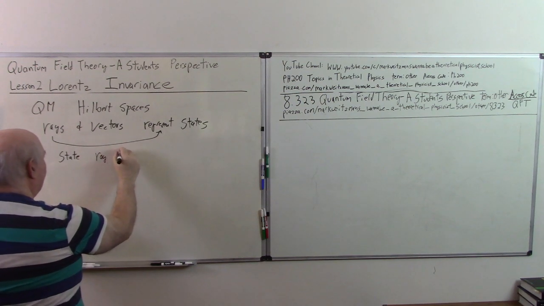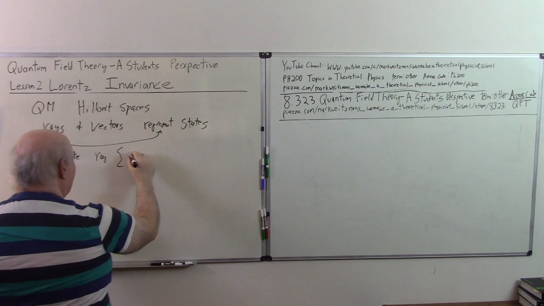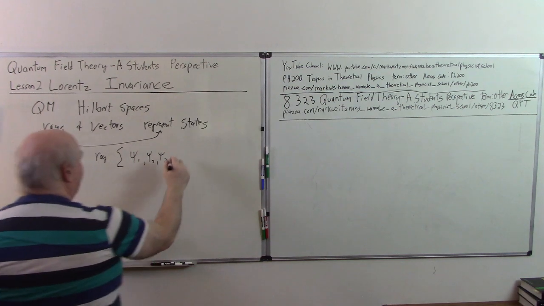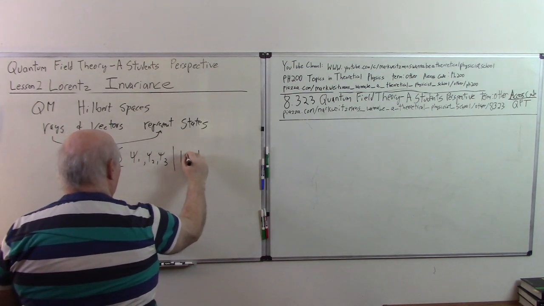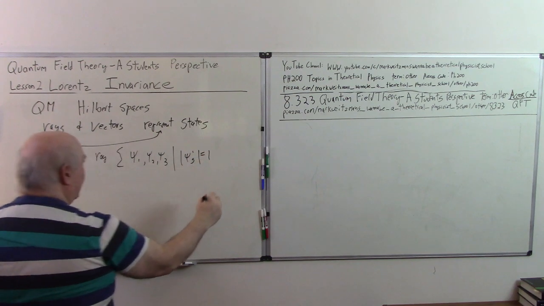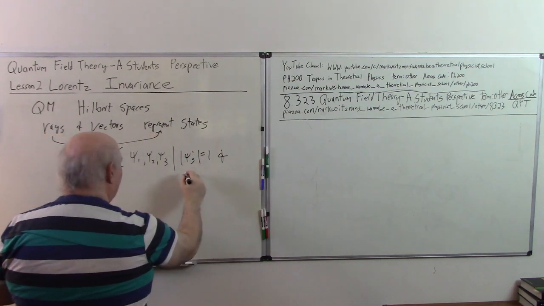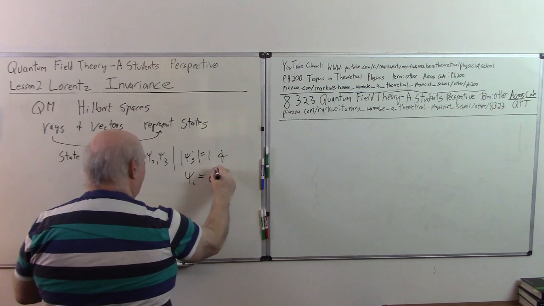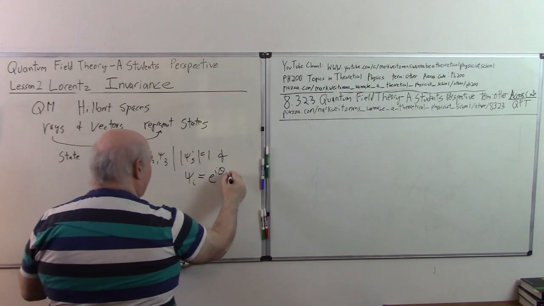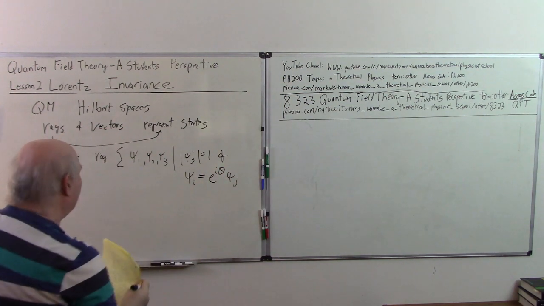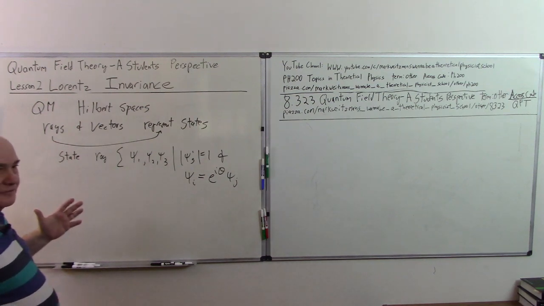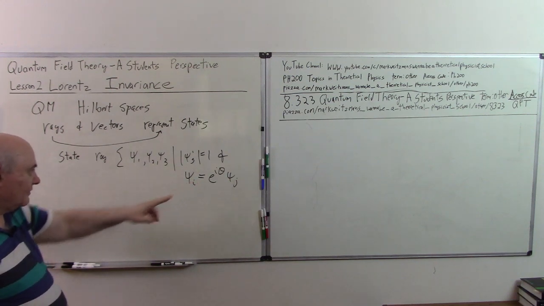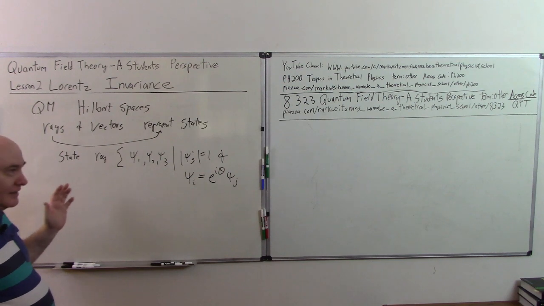sort of consists of the set of all normalized vectors, call them psi 1, psi 2, psi 3, such that the norm of the psi's is equal to 1, and each psi_i is equal to some phase, e^{i theta}, where theta is real, times psi_j. So in other words, all the vectors that are proportional to each other and differ only by a phase represent the same state.